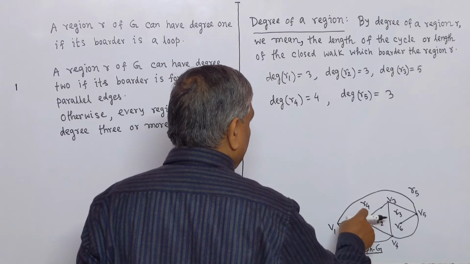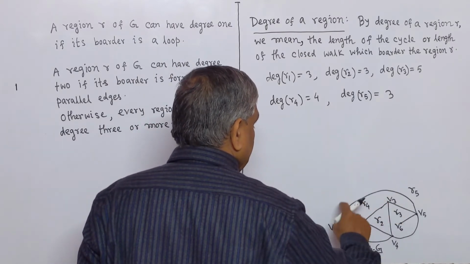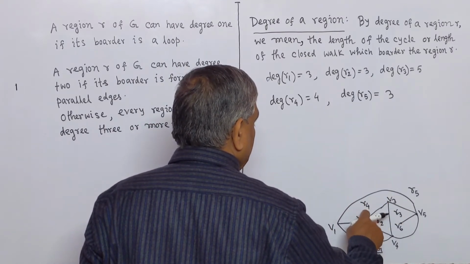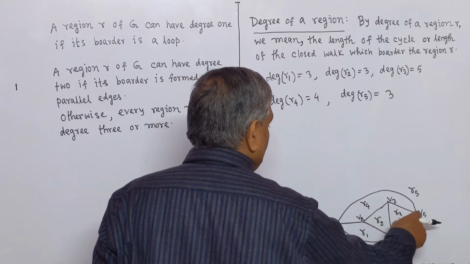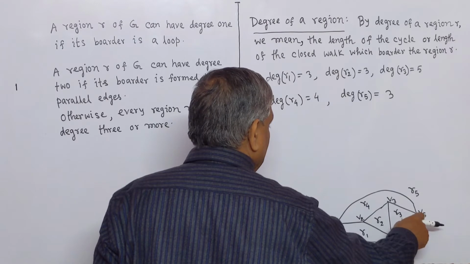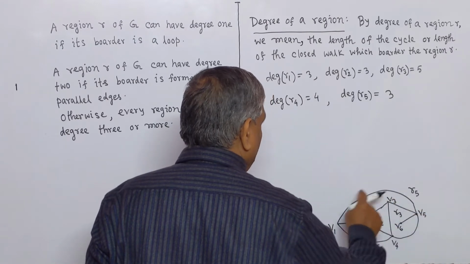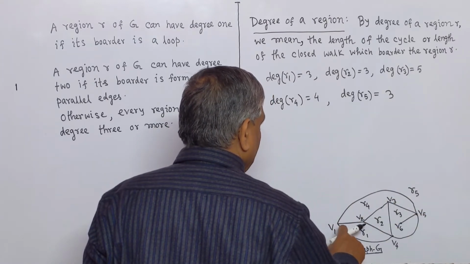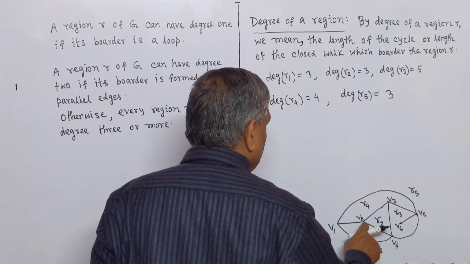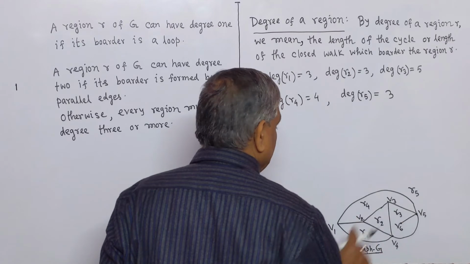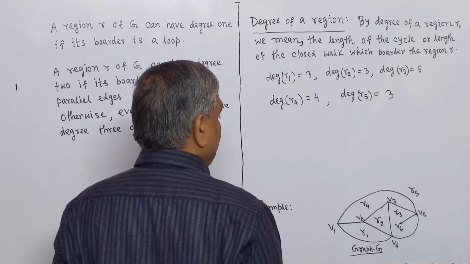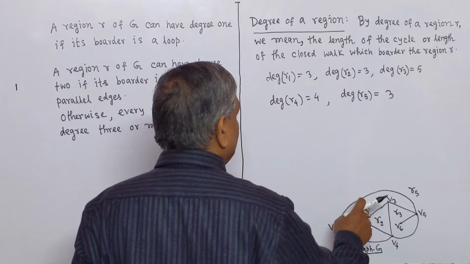Degree of R4. The region R4 is formed by a cycle and edges are V4, V1, 1, V1 and V2, 2, V2, V3, 3, V3, V5, 4. 4 edges are in the border of R4.